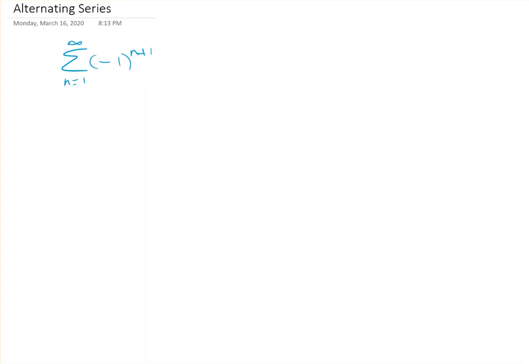You don't really need a +1 there to alternate, but we're going to write it like this, where this part shows that it's alternating signs. And therefore, we're going to assume that this term here is always positive. If that's the case, we have what we're going to call an alternating series.